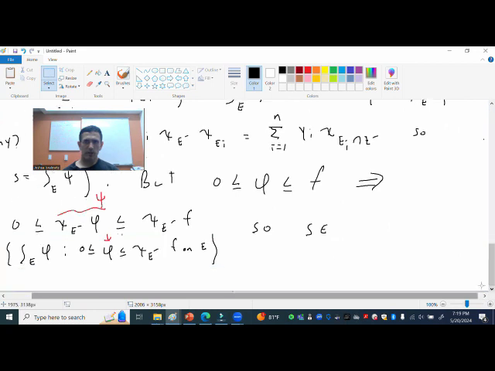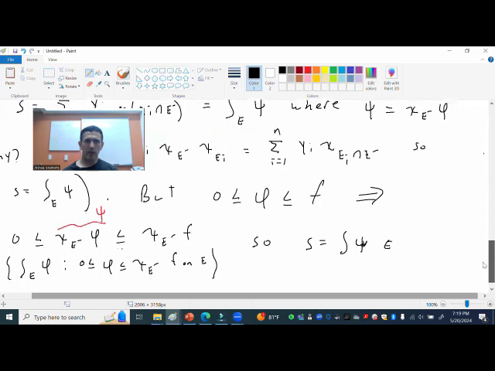And that takes care of the proof. That finishes it. Or rather, S equals the integral of psi, and that is going to be in this set here.